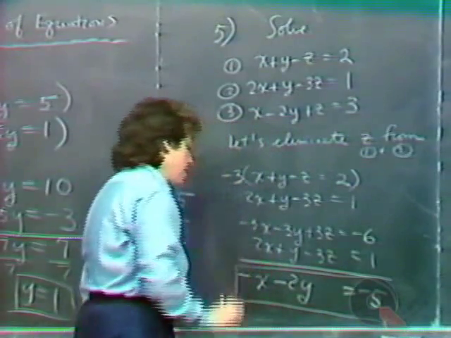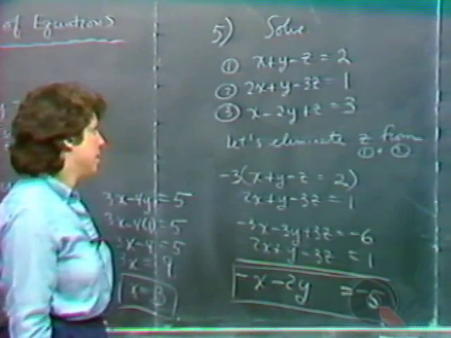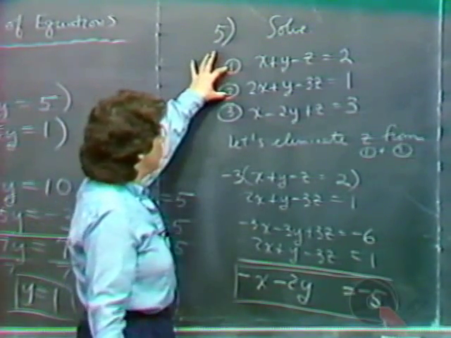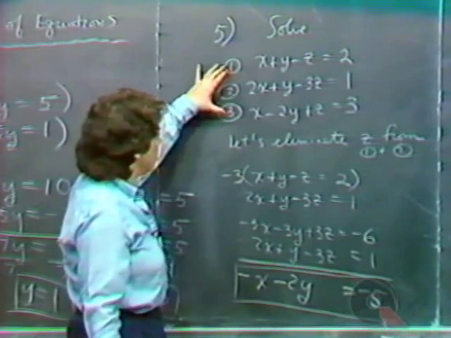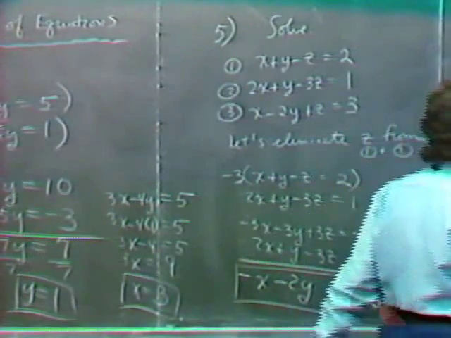Okay, let's just keep that there. Now I want to pick another 2 equations and eliminate z from them. Well, I've already used 1 and 2. I can use either 2 and 3 or 1 and 3. I'm going to use 1 and 3 because I can eliminate z simply by adding the equations.